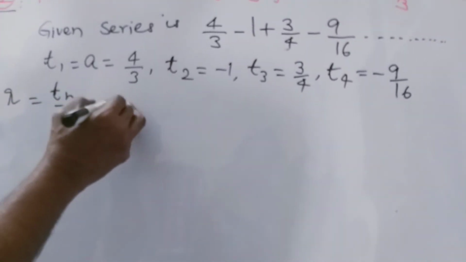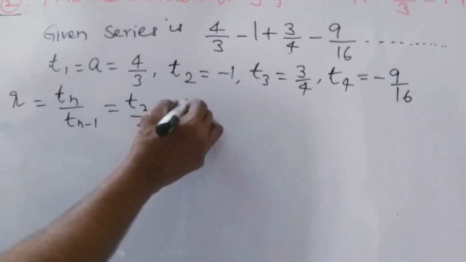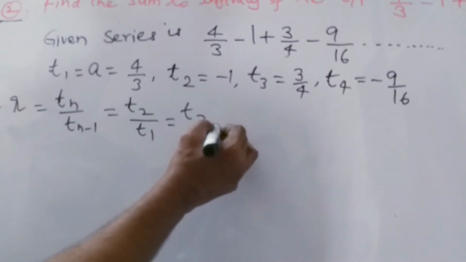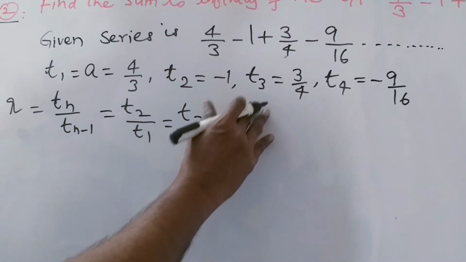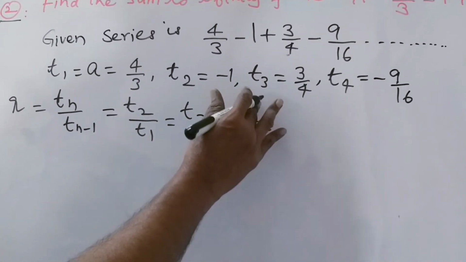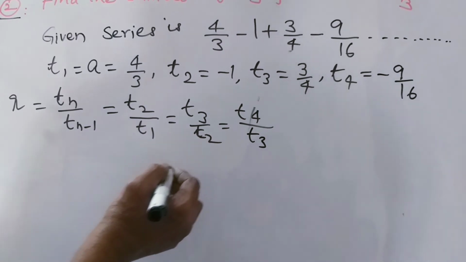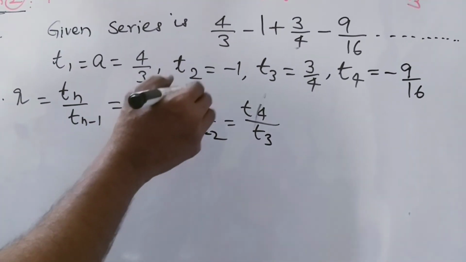So, T2 by T1, T3 by T2, T4 by T3. Here we substitute the values T1, T2, T3, T4.